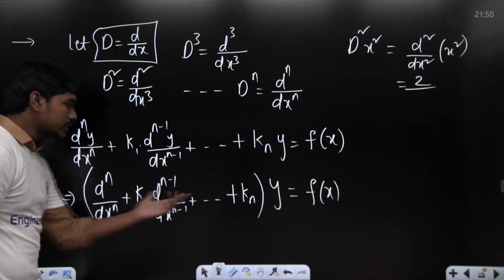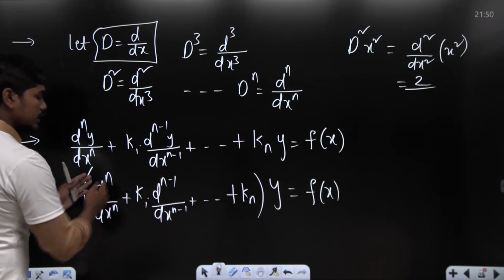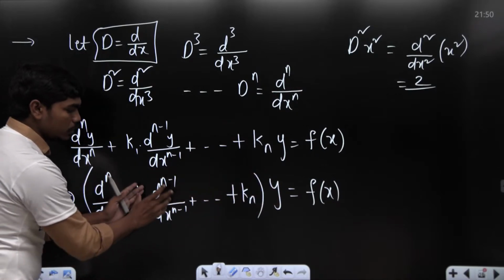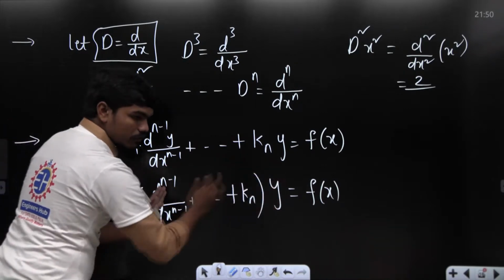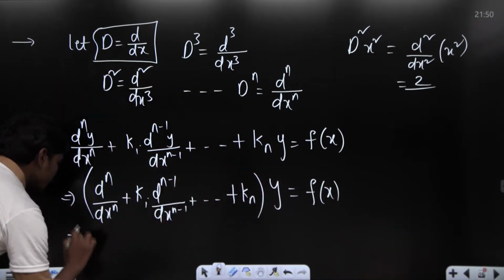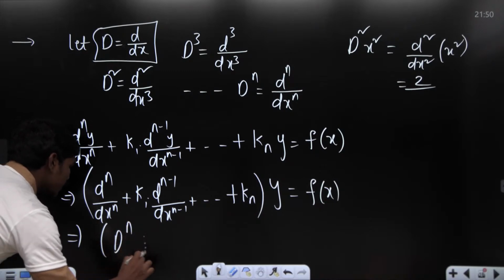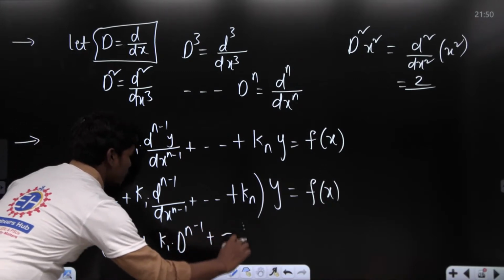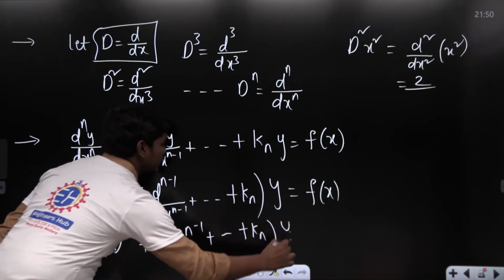If all these are operating on y, that means this is nothing but d power n by dx power n operating on y plus k1 into the (n minus 1)th derivative operating on y and so on. So now if I write this, we have D power n plus k1 into D power n minus 1 and so on plus kn into y is equal to f of x.